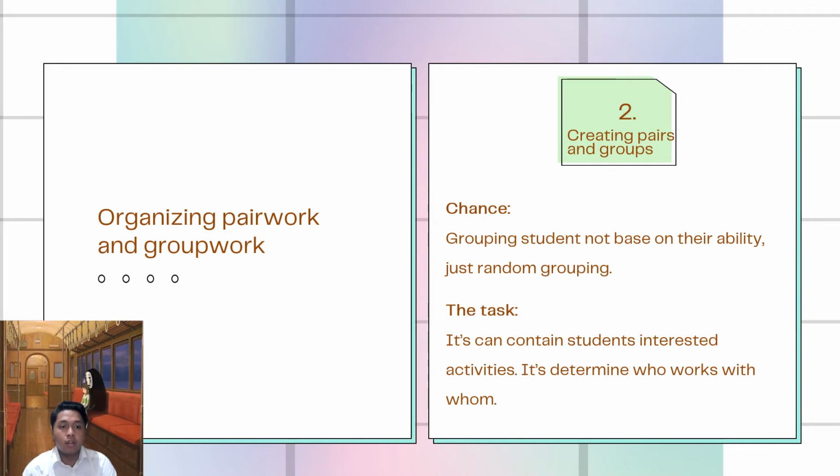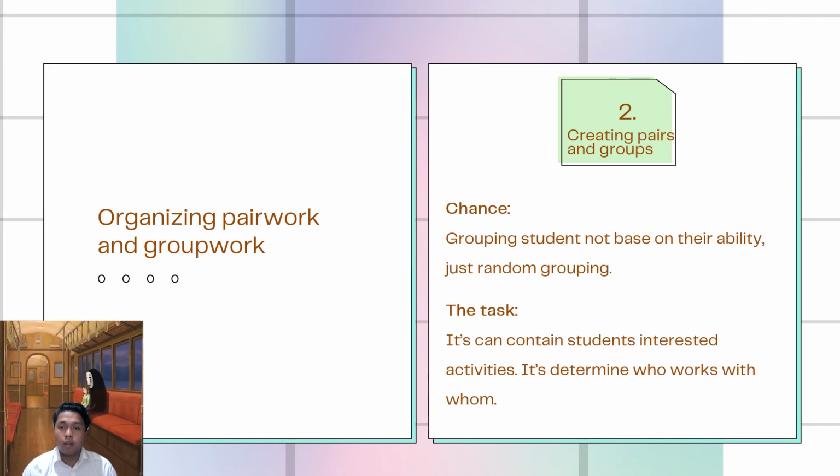And then, changing grouping students not based on their ability, just random groups. When you put random students in grouping, there might be a disadvantage for this method.